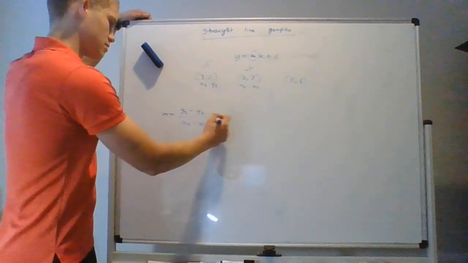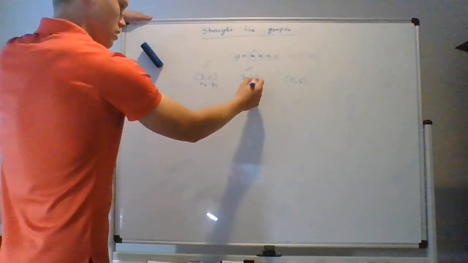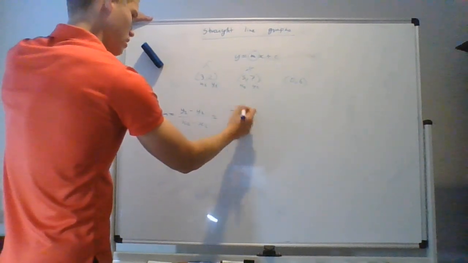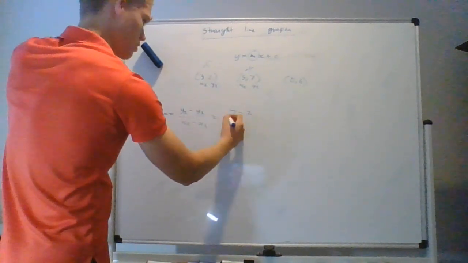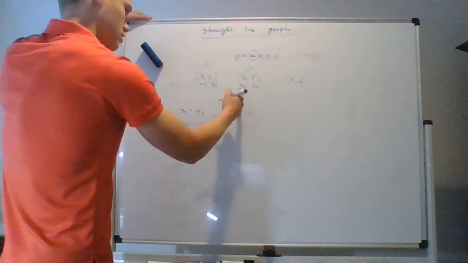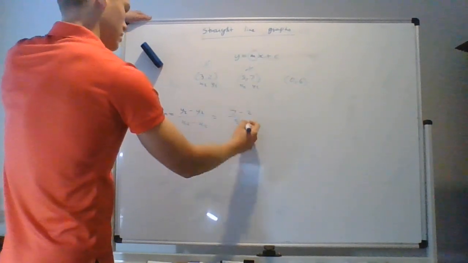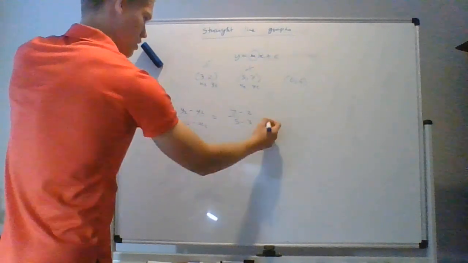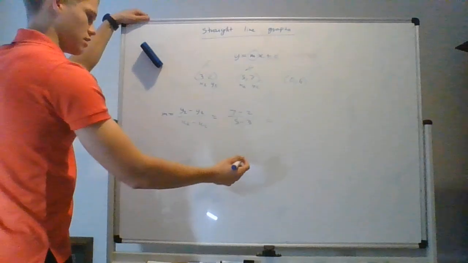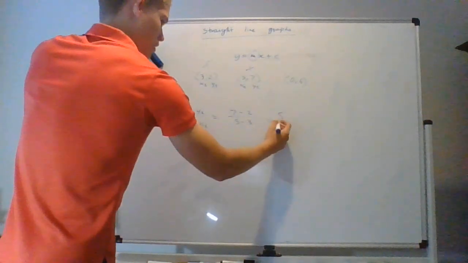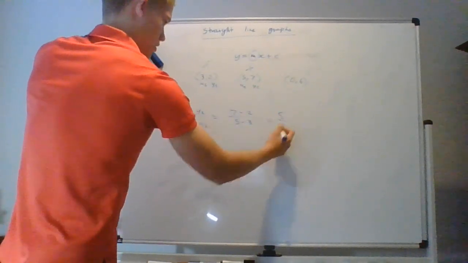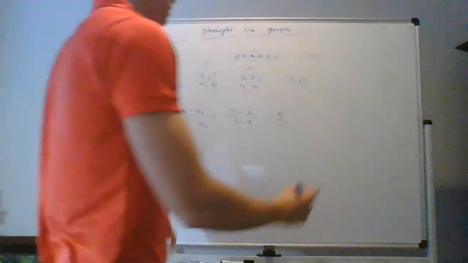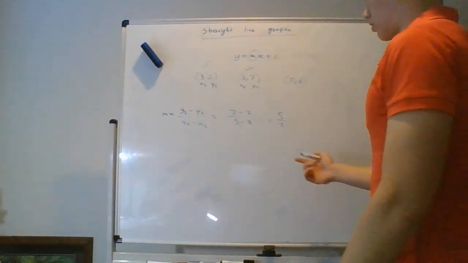And now I'm going to substitute that into our formula. So this is y2, so it's 7 minus y1, which is 2, over x2, which is 5, minus x1, which is 3. And that should come out to be 5 over 2 as our gradient. But we've been asked to find the equation.